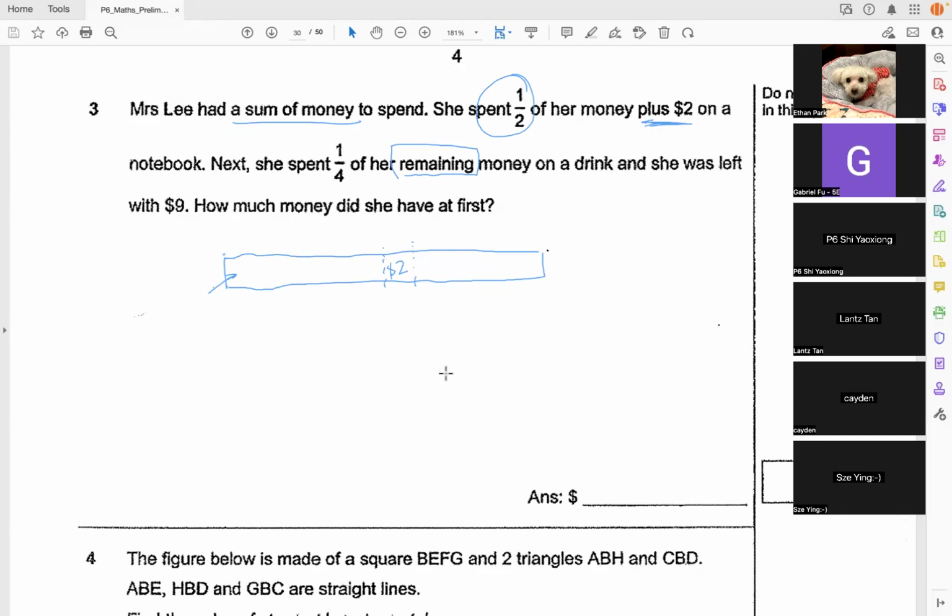So this half plus this half of the money plus another $2 allows Mrs. Lee to buy a notebook. Okay. And this is the remainder. Okay, I call it the remainder.